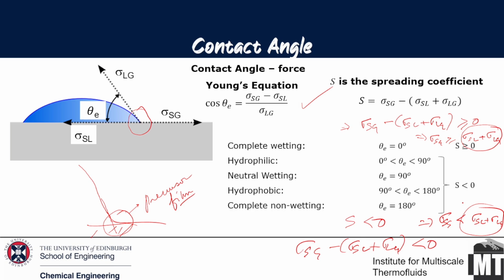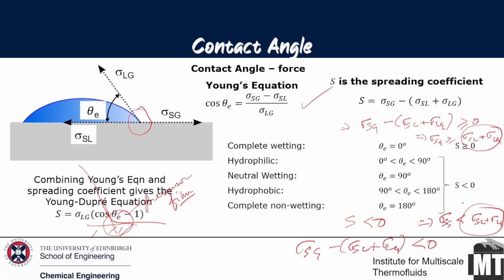So you can have a balance between that. This is the energy argument I would like you to think about whenever you look at any surface, and whenever you want to deliver a surface which has certain wetting properties.